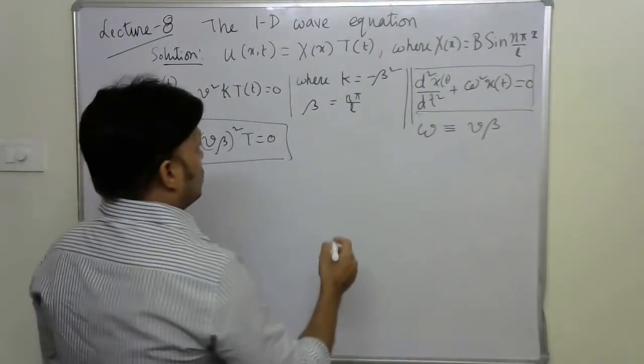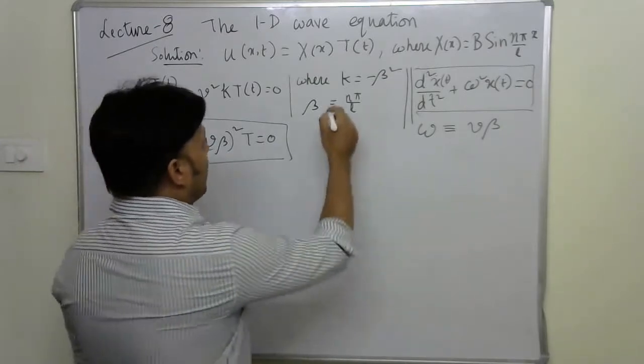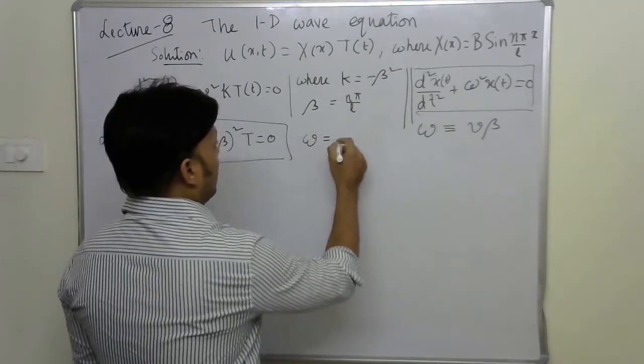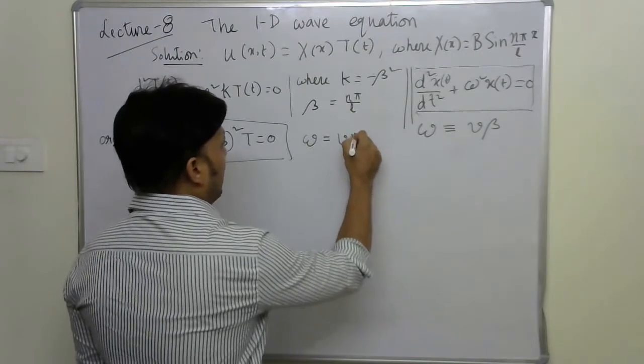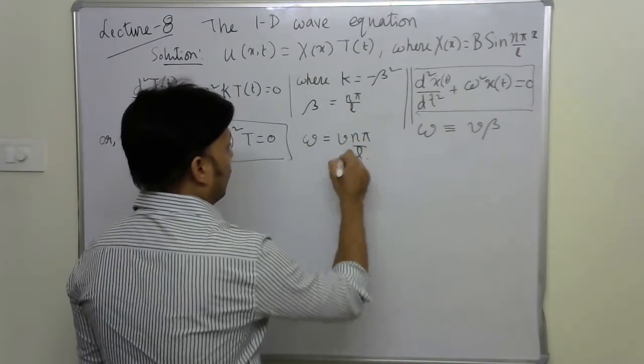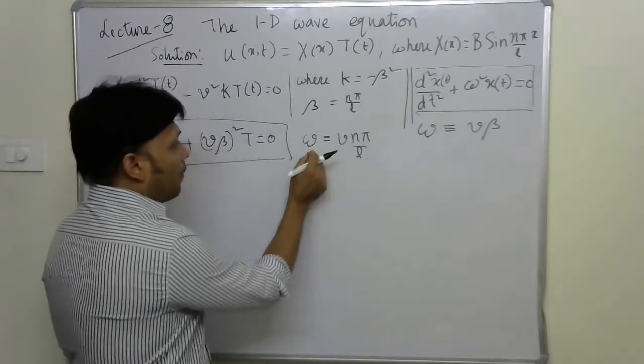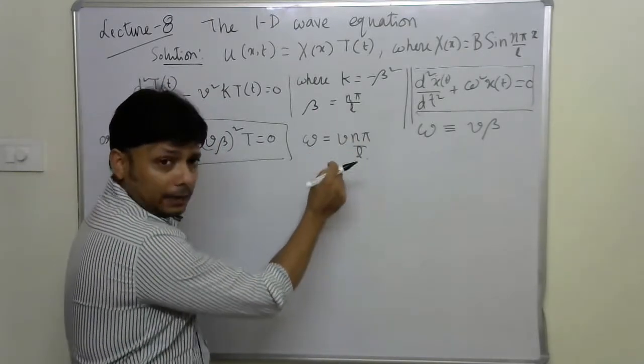Alright, so what is omega here? So definitely omega can be represented as velocity multiplied by beta, n pi over L. Alright, since omega contains a part n, the value of omega is dependent on n.